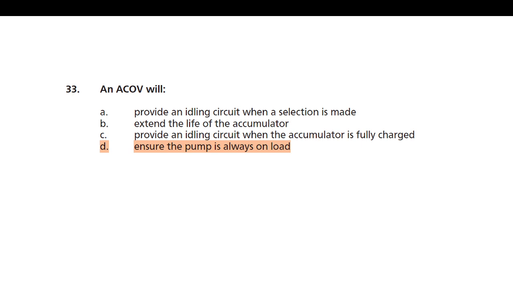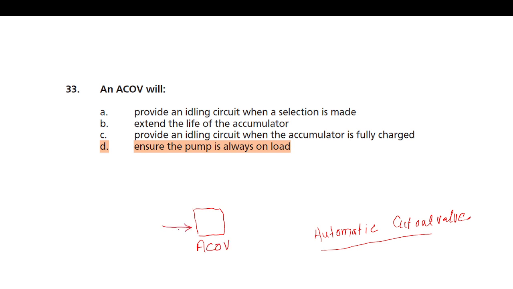And ACOV will be C, automatic cutout valve. What does it cause? We have seen that ACOV is there, and this is the hydraulic supply.